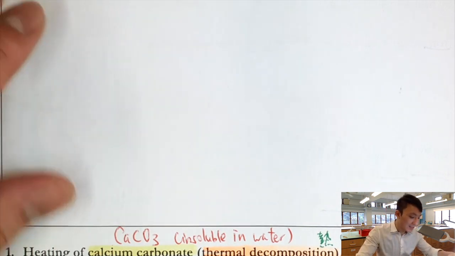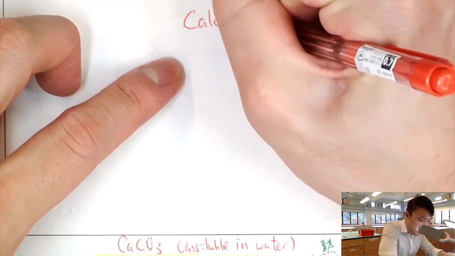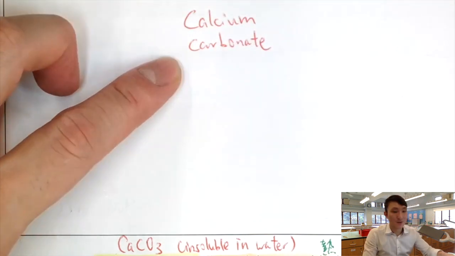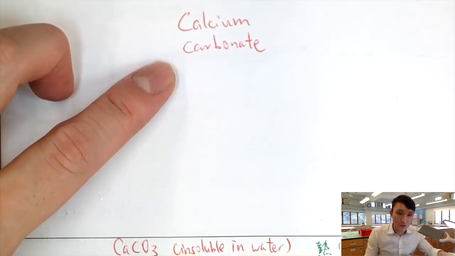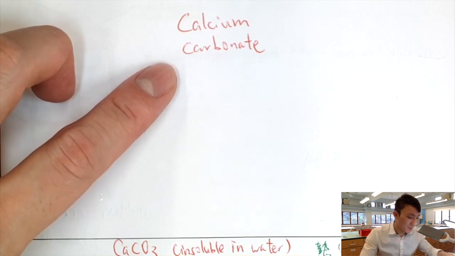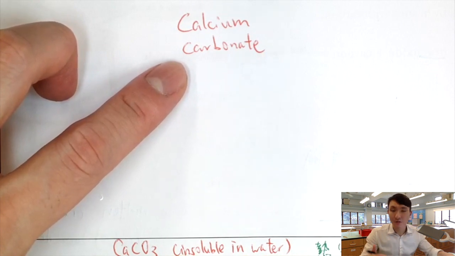Now let's start with our calcium carbonate. Here I will also introduce the common names. Calcium carbonate, CaCO3, has a lot of common names, or in other words, a lot of substances have calcium carbonate as the major component.